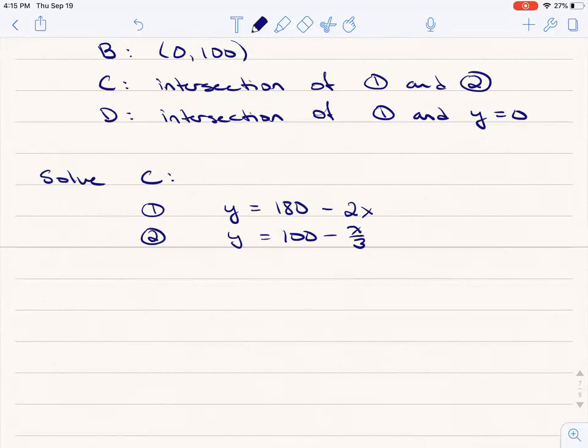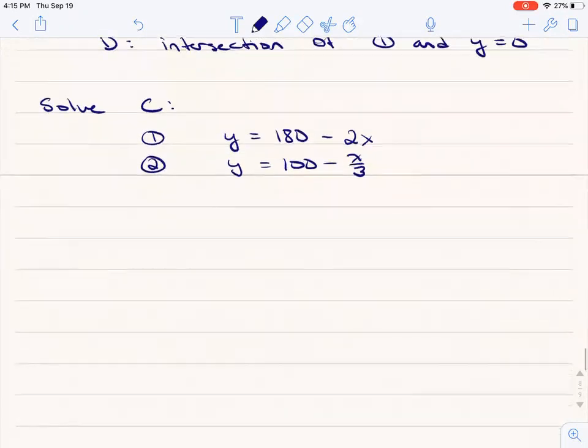What's nice is we use substitution, but it's easier because they're both in y equals, so we can just set them equal to each other. Substitute the y from the first one into the y of the second one. And so we get 180 minus 2x is 100 minus x over 3.